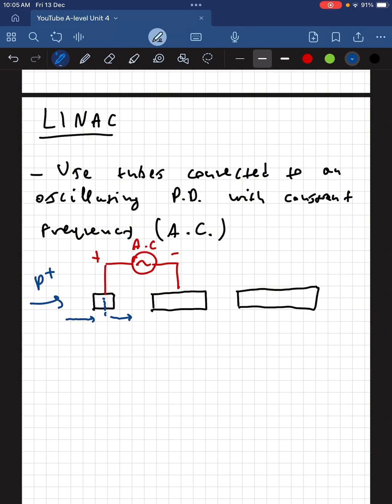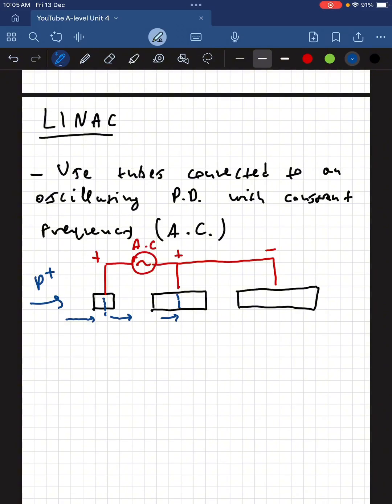And since the second tube has a negative polarity, the proton will accelerate towards the middle of this tube. And once it makes it through the middle of the tube, we switch the polarity again. So this becomes positive, and now this becomes negative.